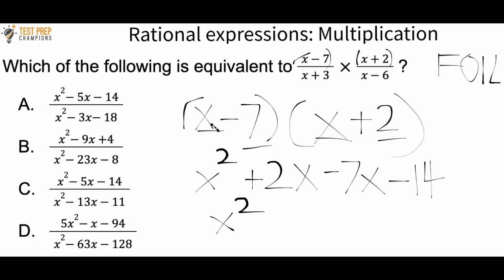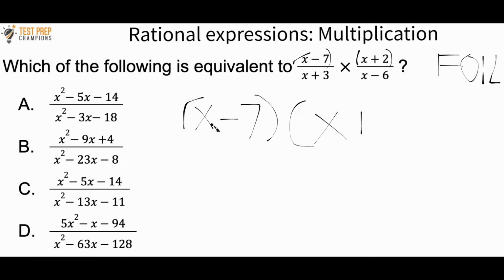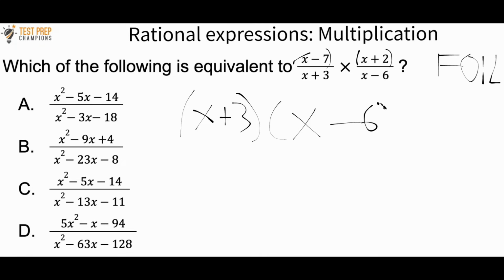So now let's do the FOIL method on the bottom part of the fraction. In other words, let's do x plus 3 times x minus 6. X times x gives me x squared, and the outer terms would be x times minus 6, which is going to give me negative 6x.